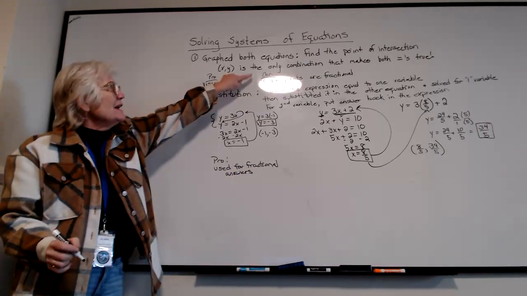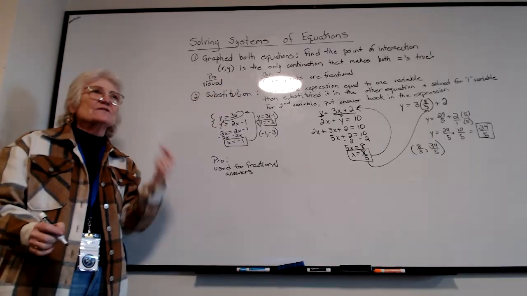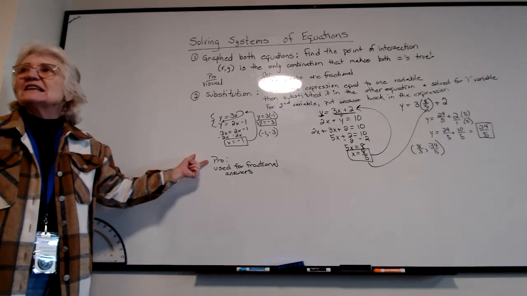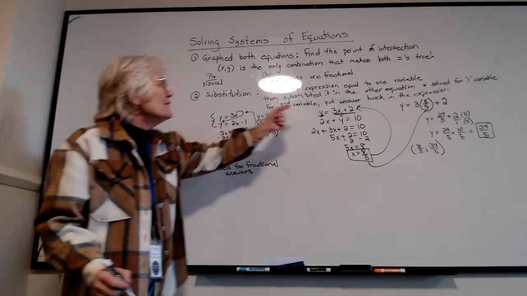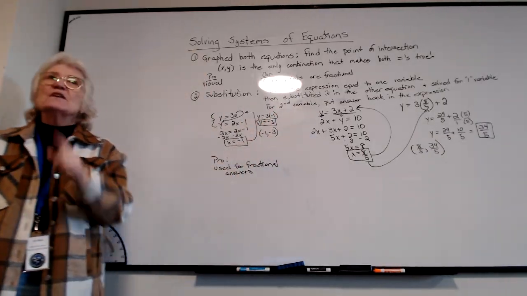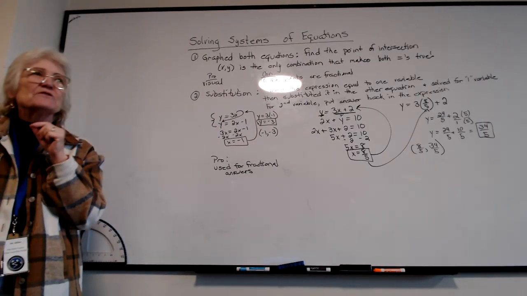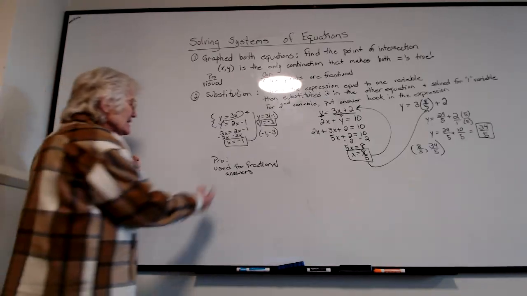This one, it can't be. It's a con of not using fractional answers. This pro is it's easy when you have a variable that's already solved. If one variable is already solved or written in slope-intercept form, okay, it's easy.